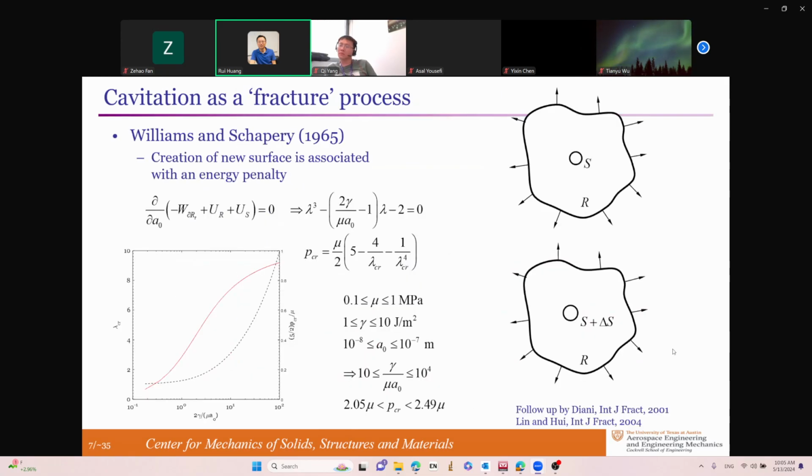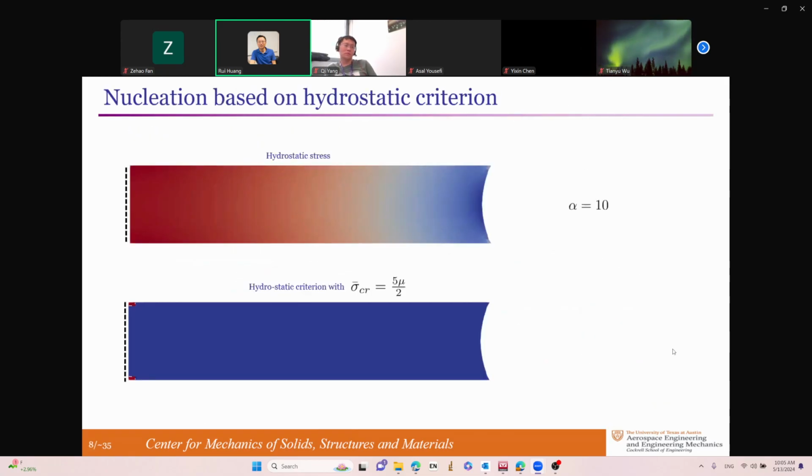There's more to the story that I won't go through, but the key point is this. If you take a poker chip specimen and stretch it, the highest hydrostatic stresses appear at the midplane, along the axis, at the point where it's attached to the end plates.